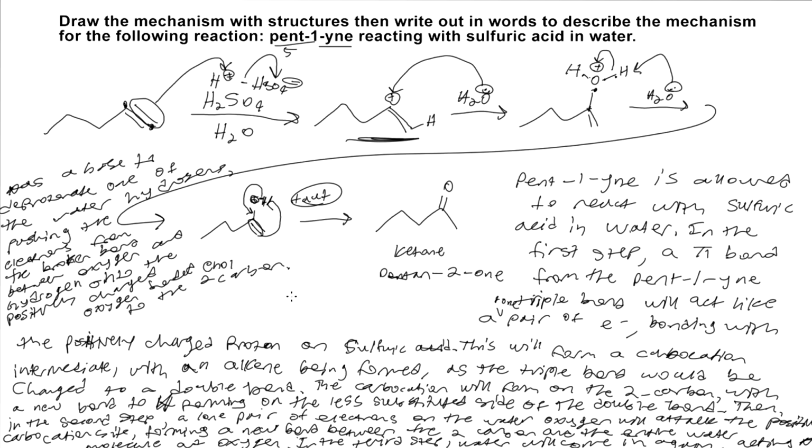So that's what's going on here. And then what we could say from here is that this forms an enol with OH and a double bond on the end of the 5-carbon chain.